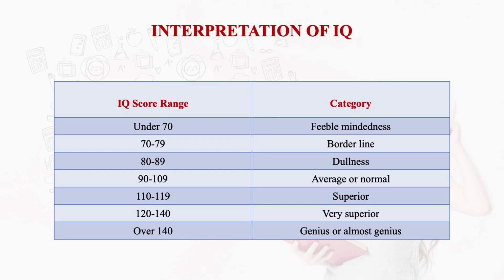If it is 90 to 109, it is average or normal. If it is 110 to 119, it is in the superior category. If it is 120 to 140, then very superior category. If it is over 140, then you can say that the child is genius or almost genius.